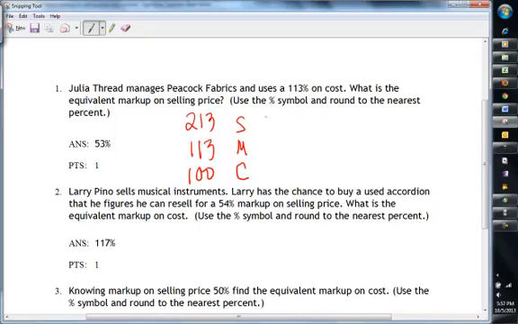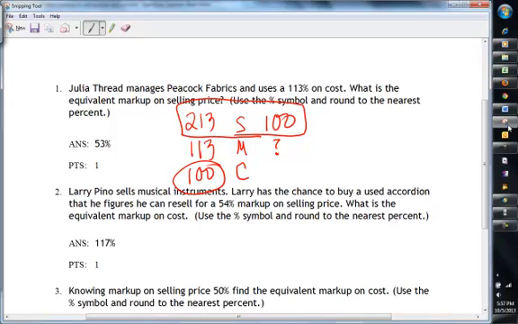On the other side, we want to have markup based on selling price. Now, this is the only time that we're going to not have the bottom number be 100%. One of these has to be on the bottom, the other one has to be on top. It doesn't matter which one. It's just the way we set the problem up this time. We want to know what the markup is on selling price.